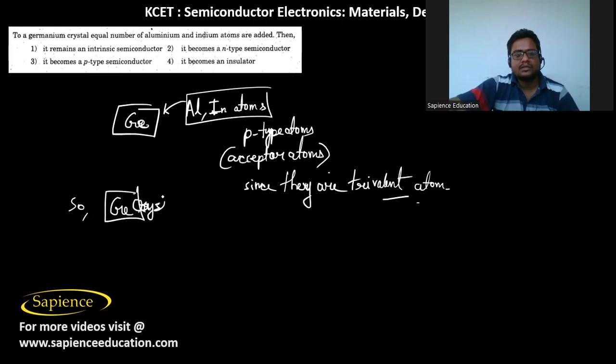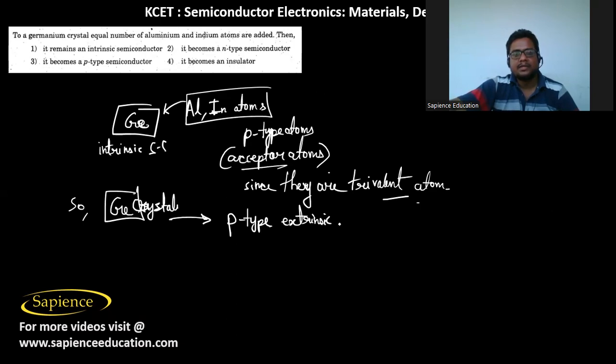convert into a p-type extrinsic semiconductor. When no acceptor atoms are added, then it will be an intrinsic semiconductor. And when these acceptor atoms are added, then it will convert to a p-type extrinsic semiconductor.